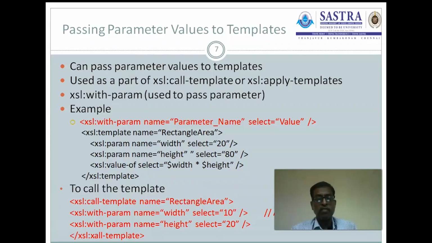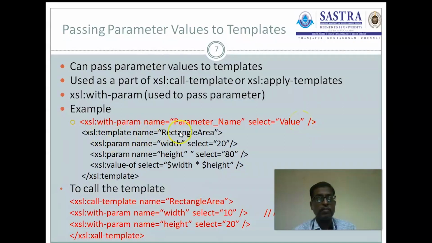This xsl:with-param can be used with xsl:call-template. When we are calling this template we can pass a value for the parameter, or when we are applying templates, we are able to supply a value for the parameter. Anyhow, xsl:with-param is used to pass a parameter that is given in the template. To call the template, before that, xsl:with-param name equal to parameter name, and then select equal to value.